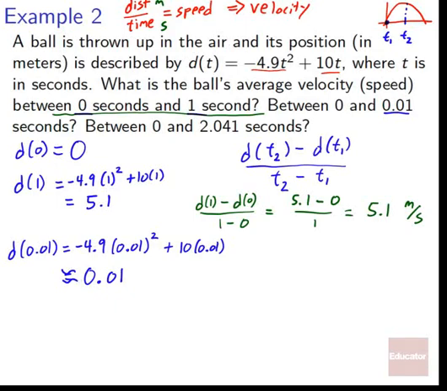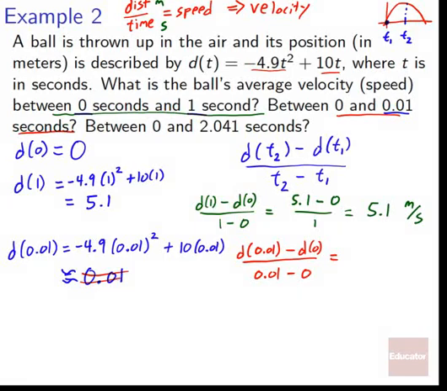So let's see what the average rate of change is between 0 and 0.01 seconds. It's going to be d of 0.01 minus d of 0 over 0.01 minus 0 equals, oh, whoops, sorry, my mistake. 0.01 is not actually what it came out to be when we put it in the calculator. I misrounded that just now. It was 0.09951.